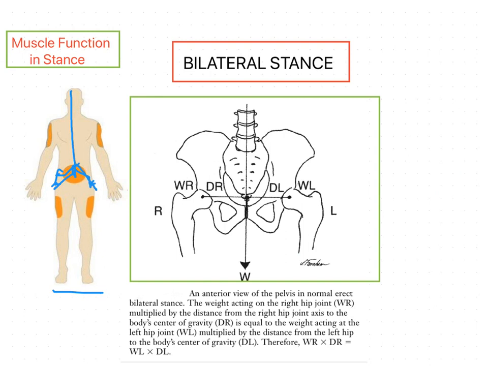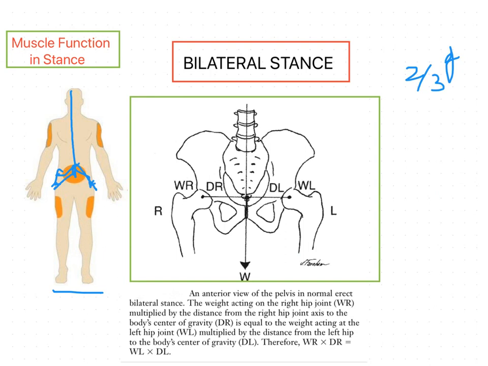Now, the weight of the upper body is normally always 2/3 of the total body weight.